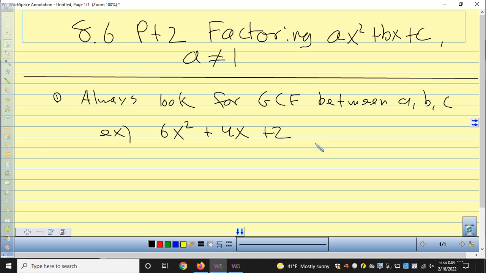Is there such a number? Yes, what is it? 2. So we're going to bring that to the front and say this is 2 times 3x squared plus 2x plus 1. So our first step is always to factor out that greatest common factor, if there is one.